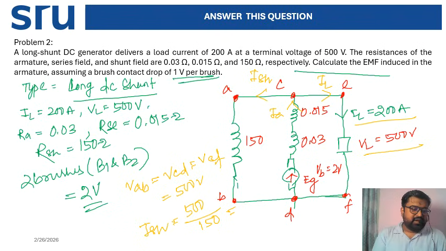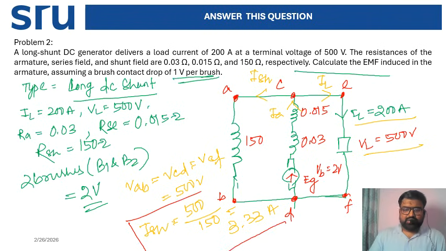Then 500 divided by 150, it will come around 3.33 ampere. Okay, one part of this problem we calculated, ISH equal to this one. IL is also given, 200. Then we know the formula, that is IA equal to ISH plus IL.